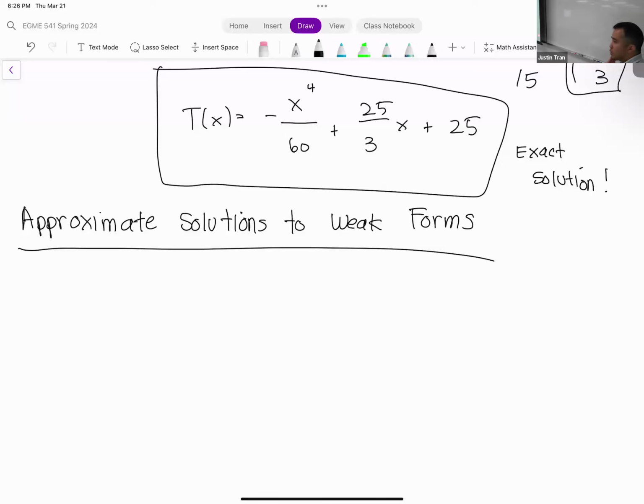There might be situations where we don't want to look for an exact solution, or I guess to be more accurate, there will be some situations where we can't find an exact solution. And so in those cases, it's actually going to be easier to find an approximate solution. So a solution that we know may not exactly solve the equation, but it's going to be pretty good.